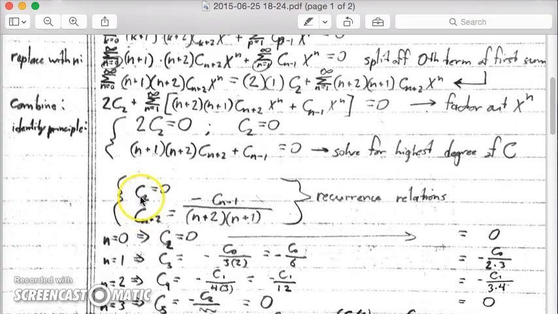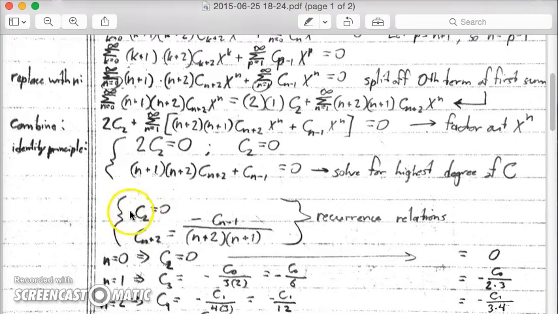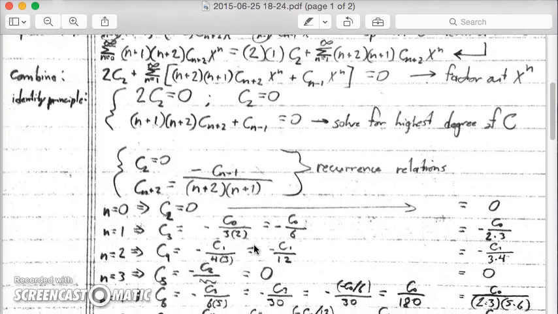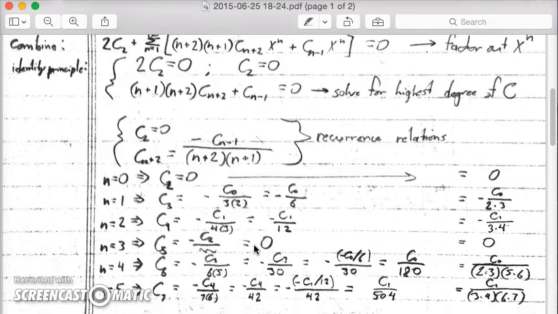So that gives us two important things here, our recurrence relations: c2 equals 0, and c sub n plus 2 equals negative c sub n minus 1 over n plus 2 times n plus 1. Those are recurrence relations. We'll use those later as we explore the recurrence relation.